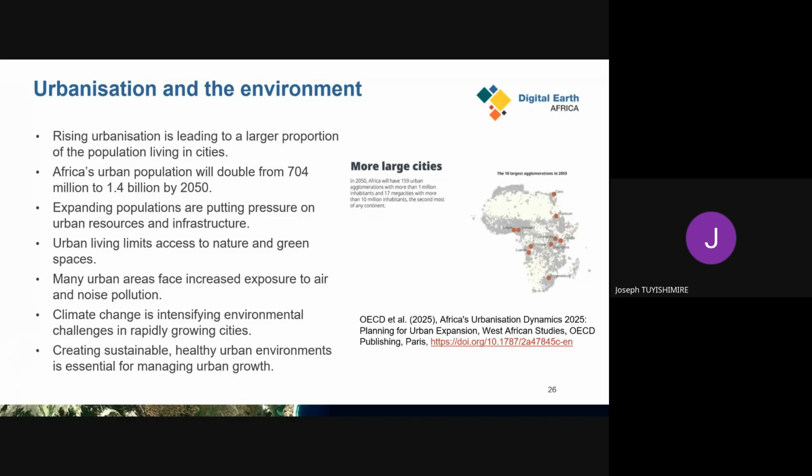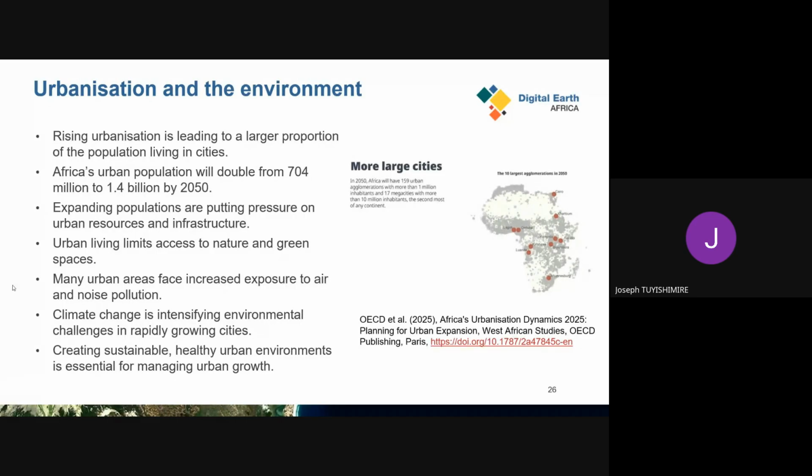But also to monitor the environment, how urban growth is affecting the green areas, and whether urban areas are respecting the concept of green cities to avoid both noise and even air pollution.